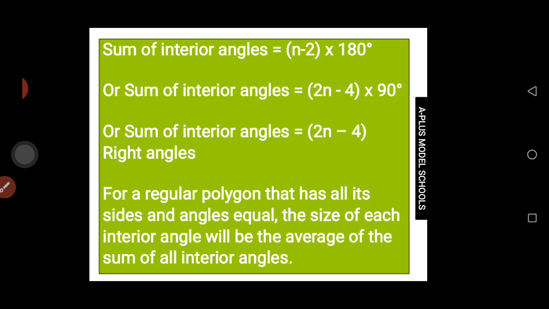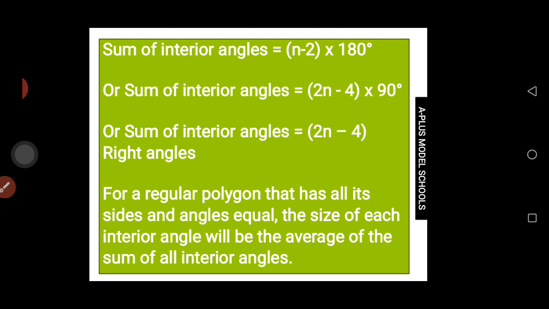for a regular polygon that has all its sides and angles equal, that is, a regular polygon which has the same size, the same length, and the same angle, the size of each interior angle will be the average of the sum of all interior angles.